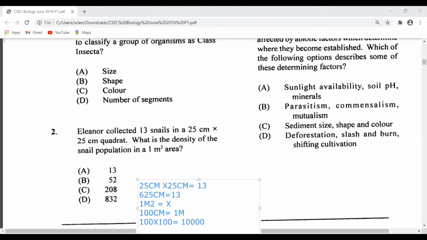All right, so if we're utilizing that same formula that we came up with, 625 cm cube is equal to 13 snails, then 10,000 is equal to the same x, because remember we just converted everything into 1 unit so we can actually work it out. So we would cross multiply here, and it would be 13 times 10,000, which would give us 13,000, and then x times 625.